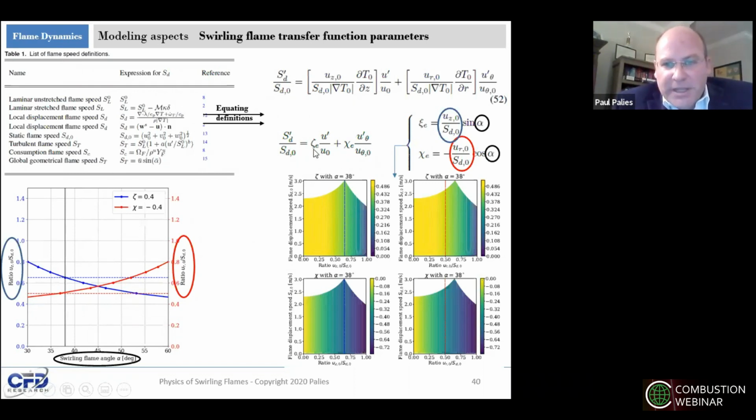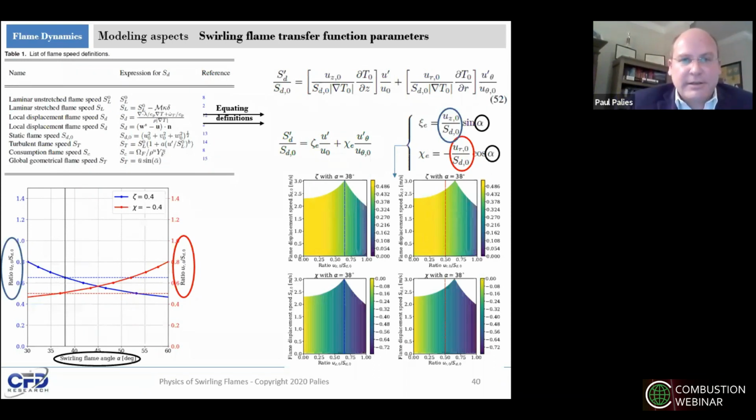Well, this κ and ξ can be determined analytically, and to do so, one needs to equate both the flame speed taken from the thermal energy budget and the flame speed from the kinematic relationship.